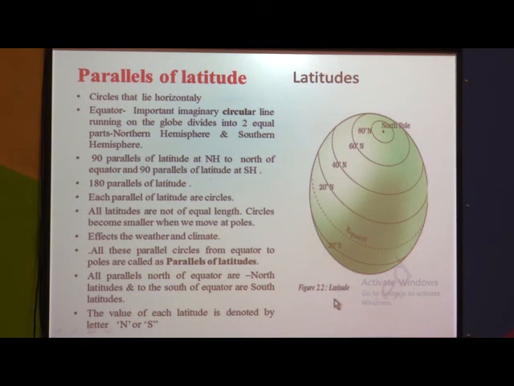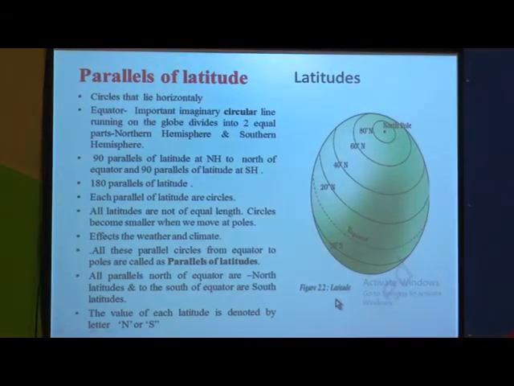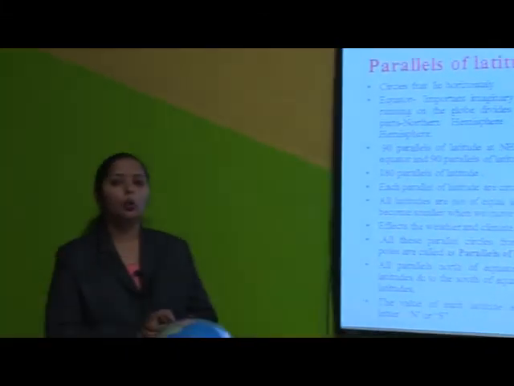So now how many parallels are there? There are a total of 180 parallels of latitude. 90 parallels are in the northern hemisphere up to the north pole, plus 90 parallels in the southern hemisphere up to the south pole. So together we get 180 parallels of latitudes.